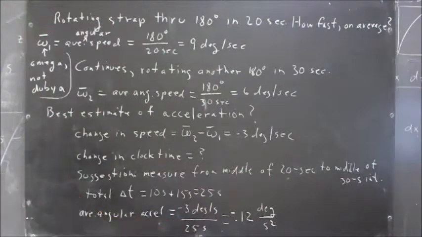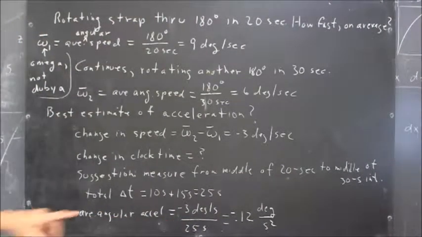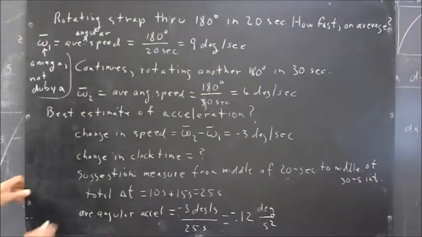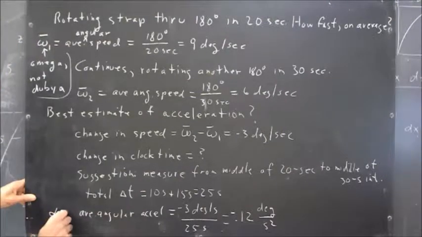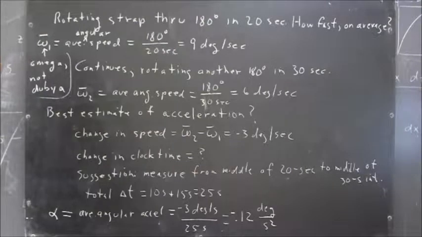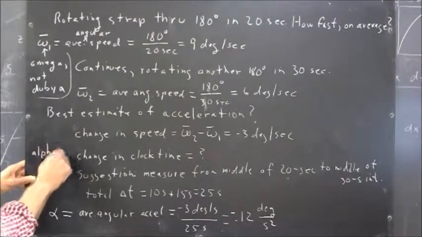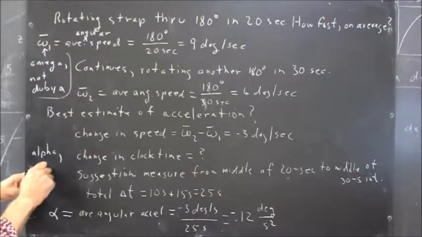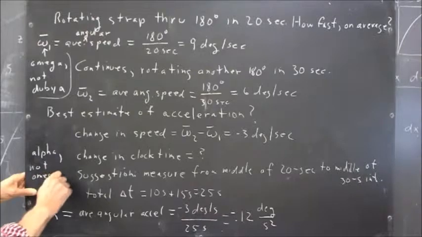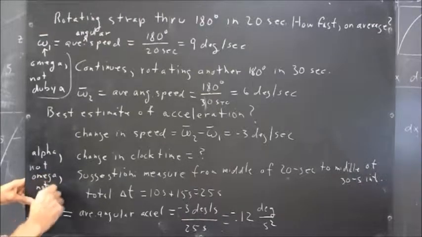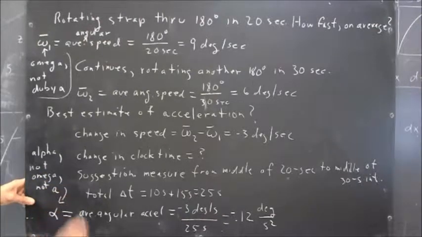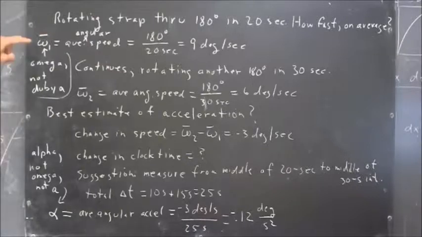And we don't use A for angular acceleration. We're going to use the Greek letter alpha. Alpha, not omega. Not A. Very bad form to call this W, and very bad form to call this A.